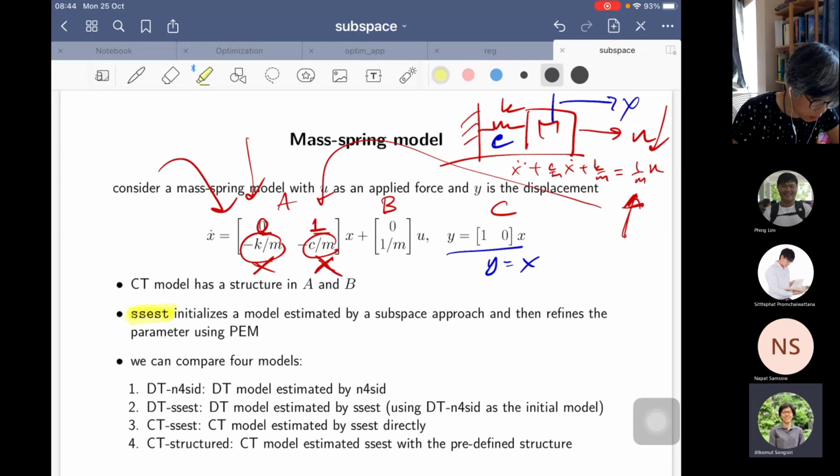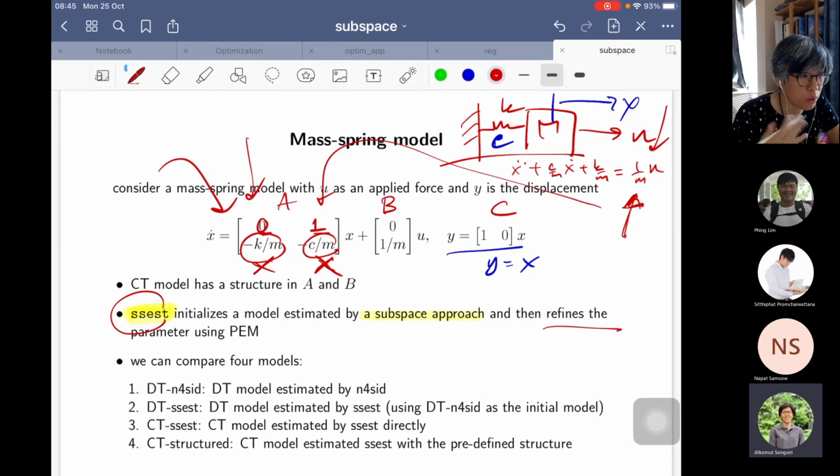This command is different from N4SID in the sense that first it will initialize an estimated model by a subspace approach, which is N4SID, so at the first step you will get A hat, B hat, and C hat as an initial model.